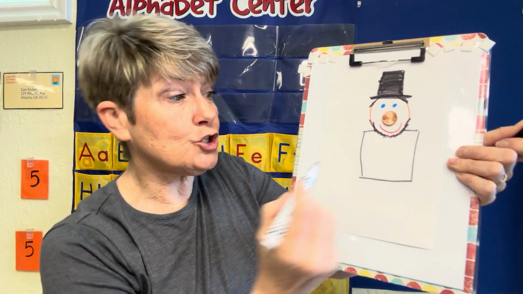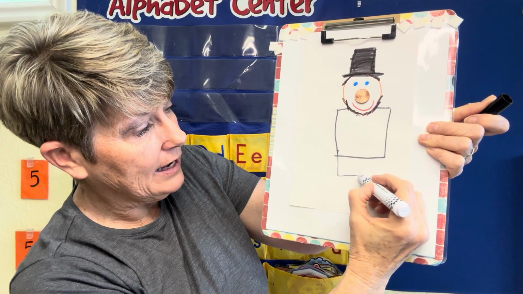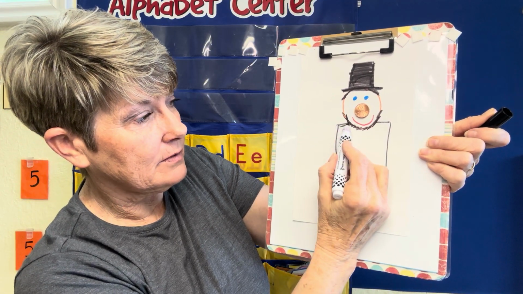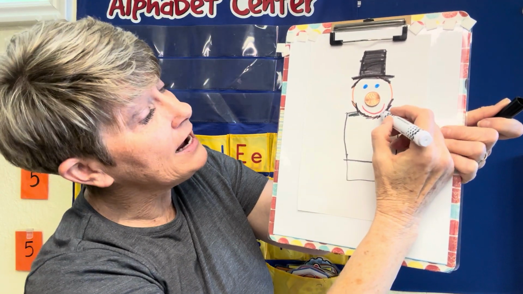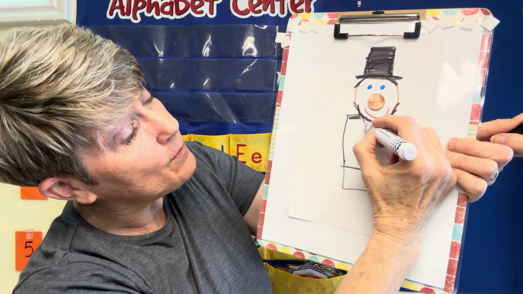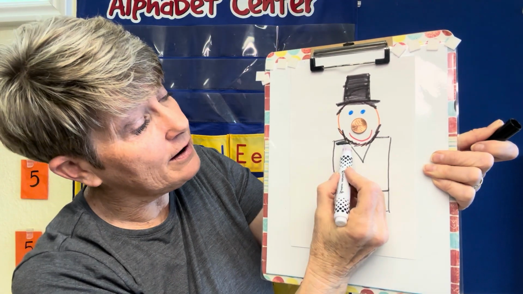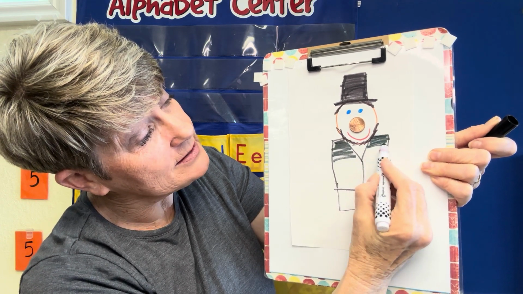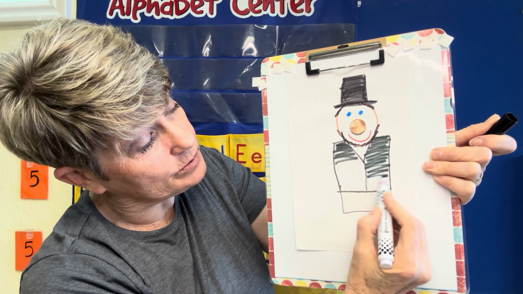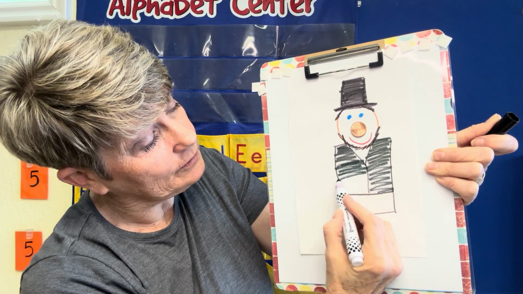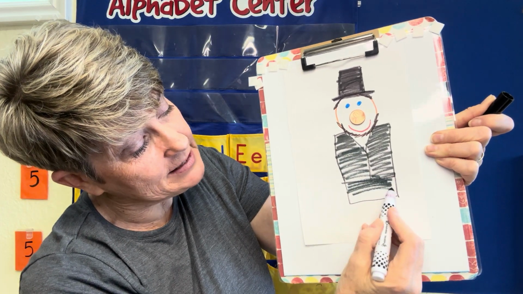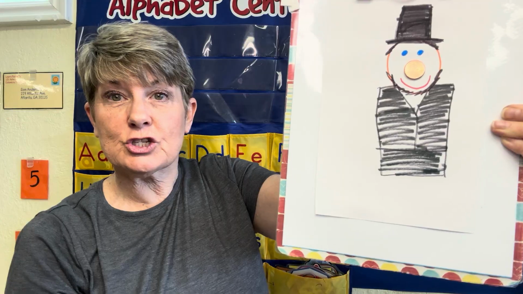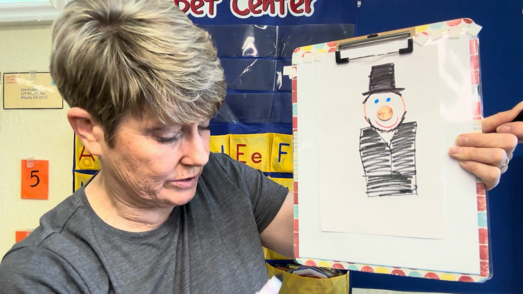His coat was so long, it came down around his knees. And I'm going to draw right here. The coat came open. And then I'm going to color it black because it was a black coat. And it came down around his knees. So it was a super, super long coat.